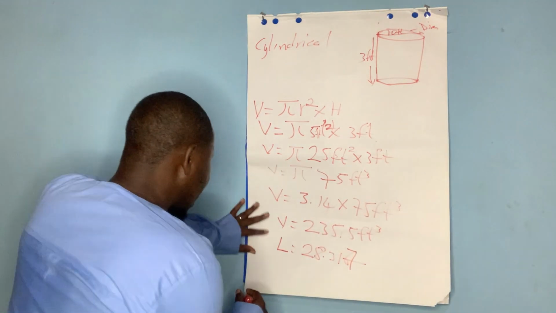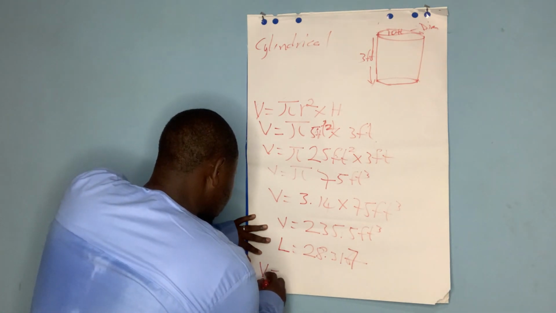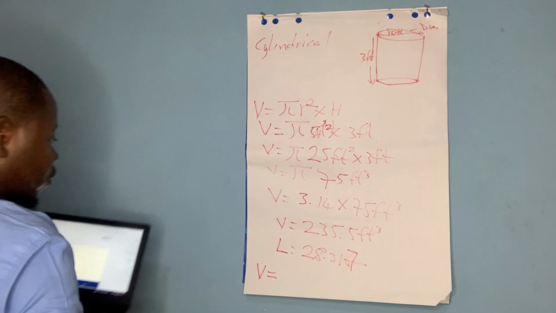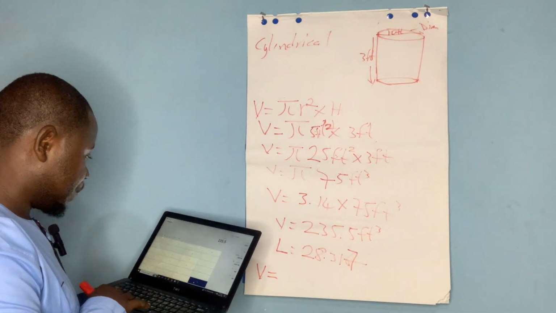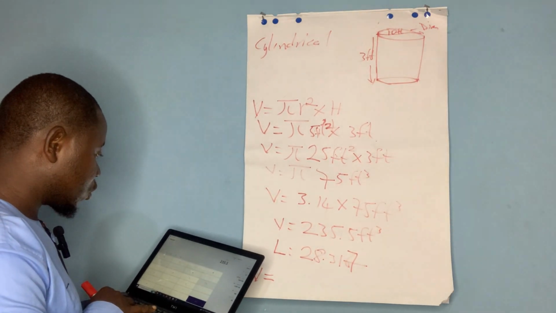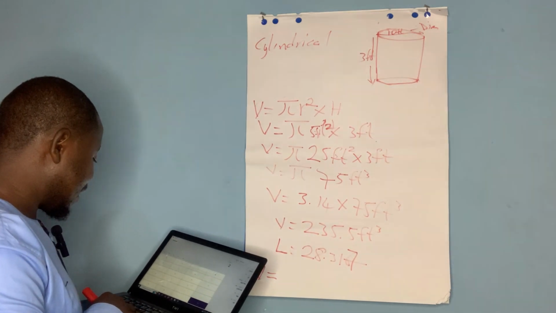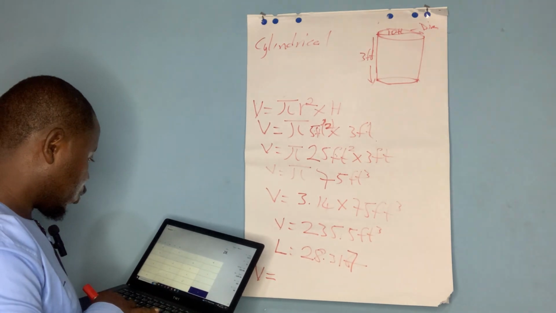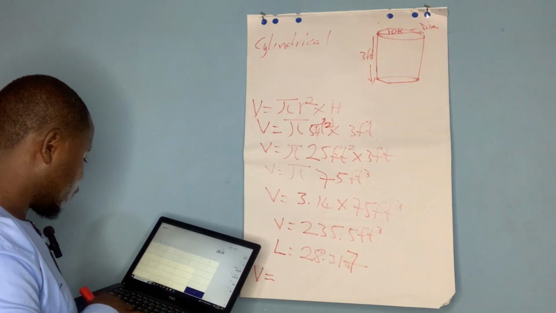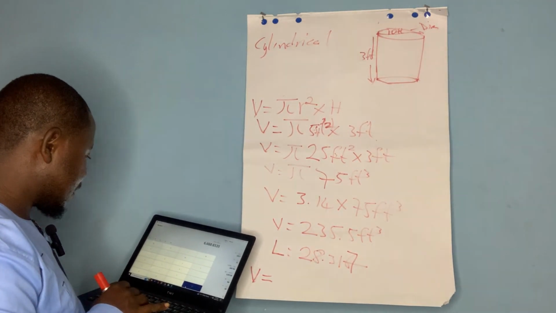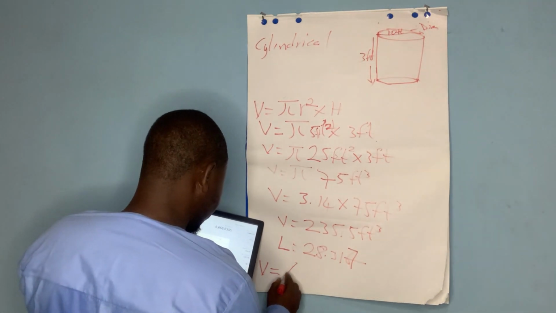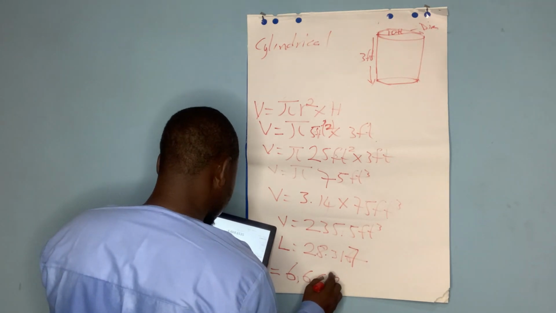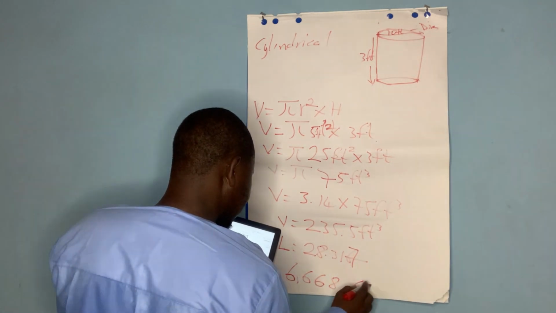So now we have our volume. Now we want it in liters. So we multiply 235.5 times 28.317, which gives us 6,668.65.